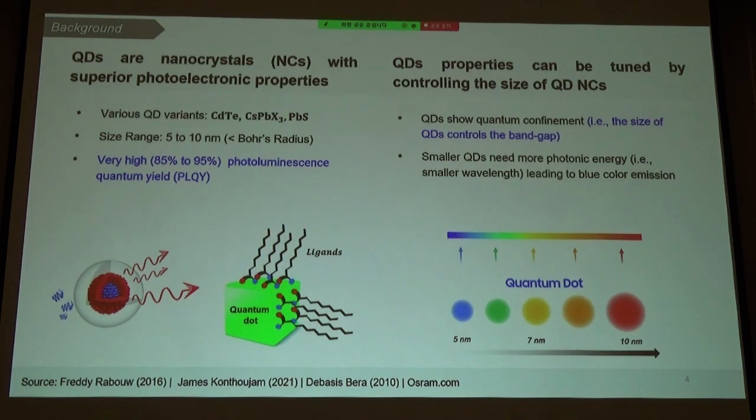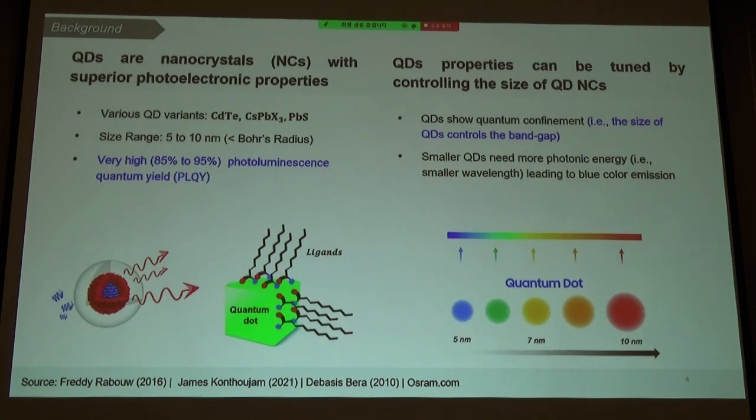With that very high PLQY we can do many things, but another thing to pay attention to is that every time people say QD, it comes with something called quantum confinement. This basically means that the size of QDs is so small that you can control the band gap.